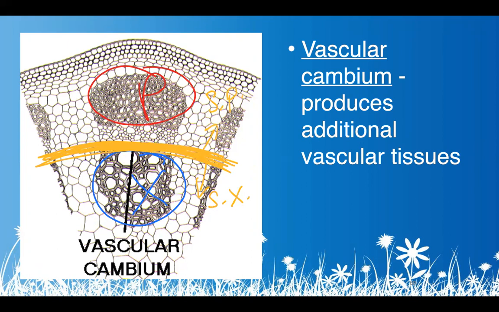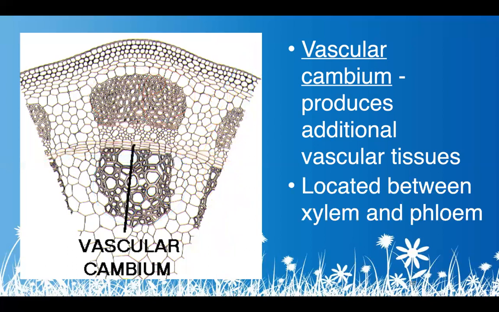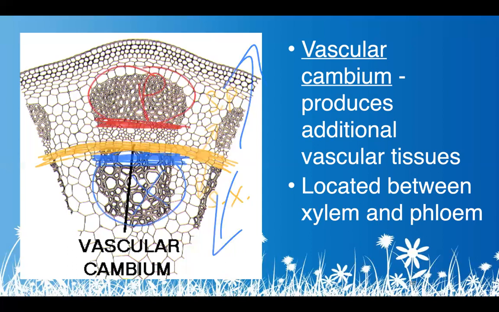And as you add more phloem here and more xylem here, the plant is going to get thicker and thicker, the stem, I should say. I'll talk about that more in the stems section. Because vascular cambium produces additional vascular tissues, it has to be between xylem and phloem, because it's going to create additional xylem and phloem. So it has to be right in the middle.